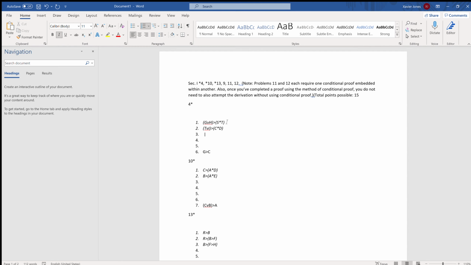G or H would give us S and T. And then from there, if G or H, then T, perhaps? Then T or I. Oh, and then we can do G or H. Okay, so let's try that. Let's do G or H as our conditional proof.